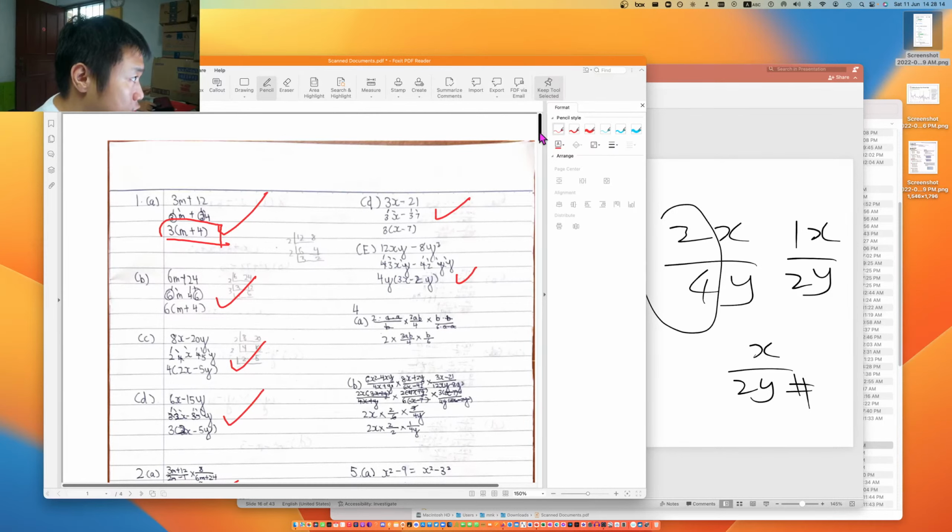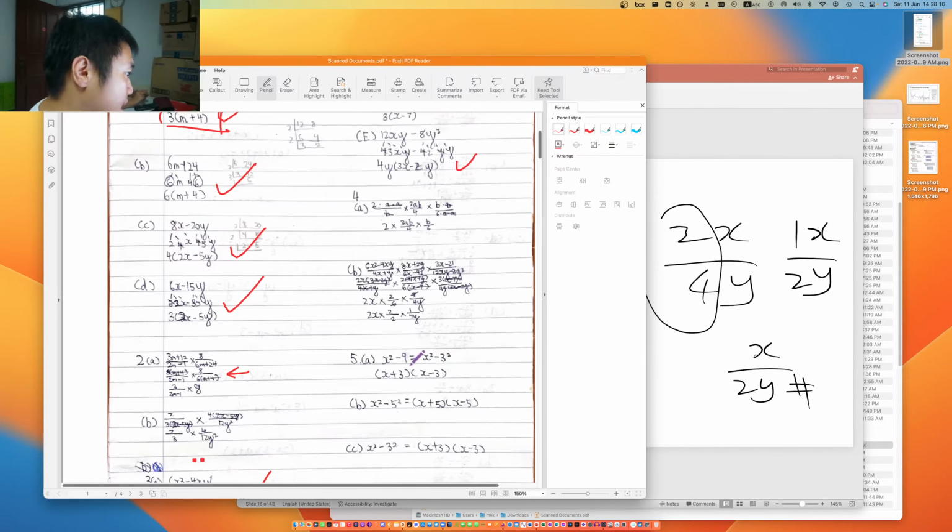Good. So the first question, x squared minus 9. You have to get the 9 into something square first. Then only you can use the formula. You cannot straight away write x minus 9, x plus 9. Wrong.